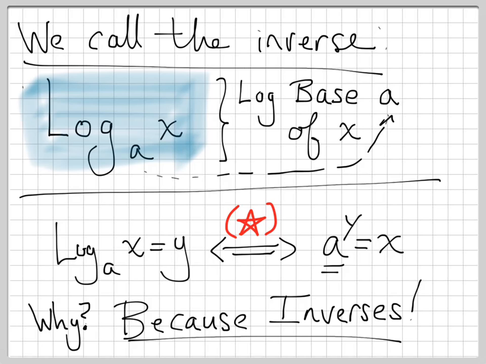The way you think of this if and only if is as equals between expressions. So if you ever have the left side, log a of x equals y, you can replace it with a to the y equals x. And so we now have a way of dealing with the symbol log a of x.